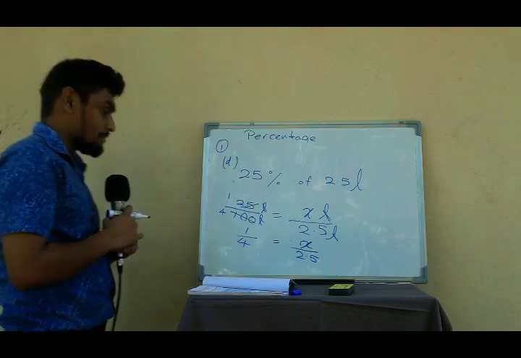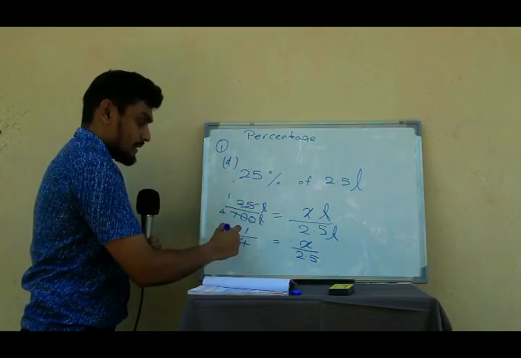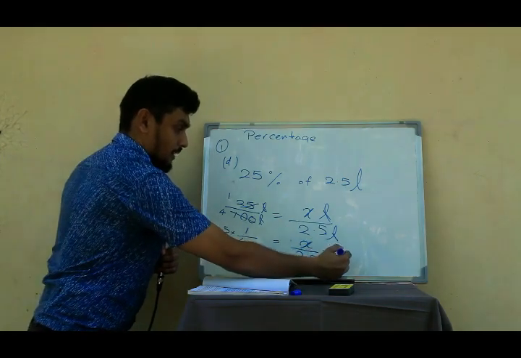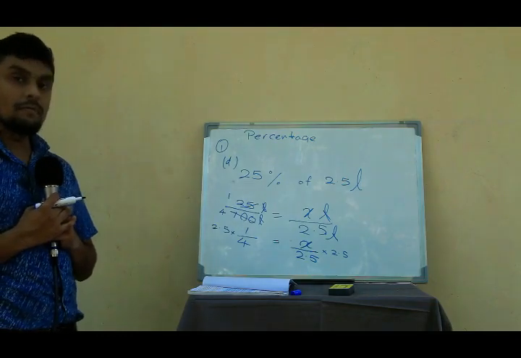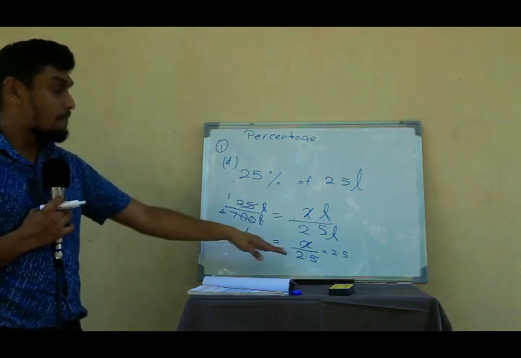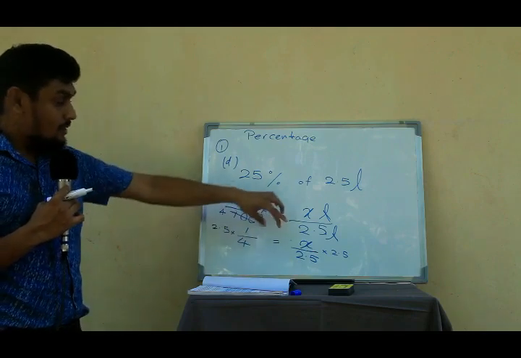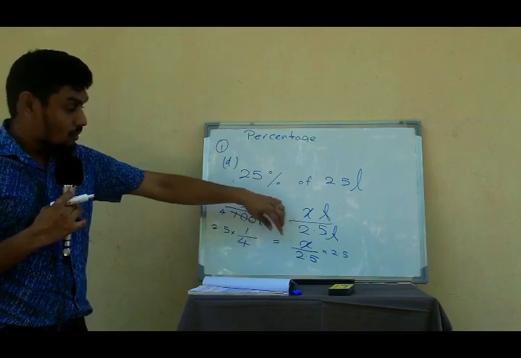So here we can multiply 2.5 on each side. Then what will happen? Assume this equal mark is a balance.